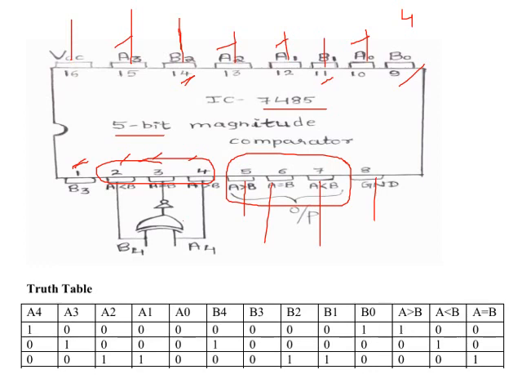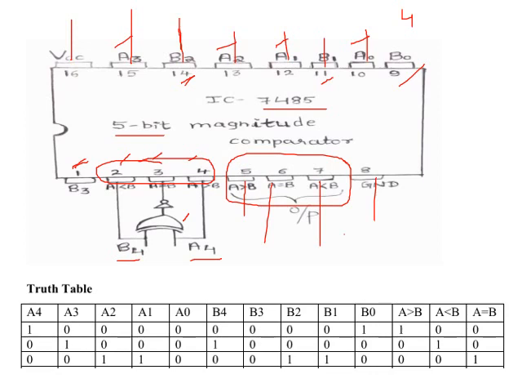But let us not worry about using one more IC, because we can achieve the same thing just by using an XOR gate. How is that possible? Let us analyze it. The MSBs, which are A4 and B4, will be given to the XOR, and the output will be inverted. So here you will get the output of an XNOR gate.